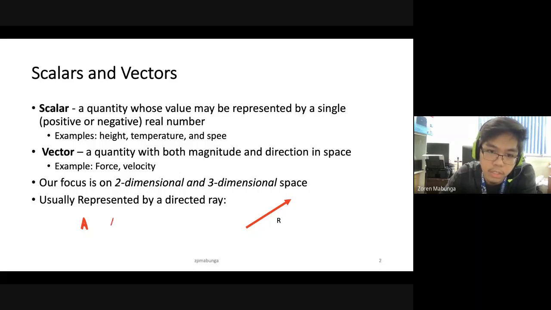Yung ibang book din is may arrow sa taas. Halimbawa, hindi siya naka-bold pero may arrow sa taas. So this is vector. O kaya is A na maliit pero may arrow sa taas. So vector quantity yan. Meron din ibang book na naka-bold na at the same time may arrow sa taas. So vector yan. Okay? Kaya wag kayong malilito. Pag may nakita kayong arrow dun sa taas ng letter, pinapakita lang nun na vector quantity yan.